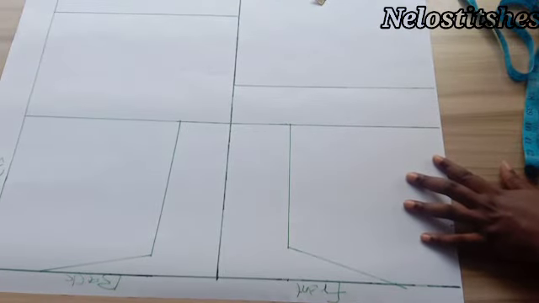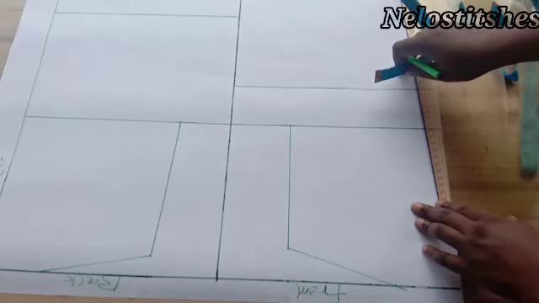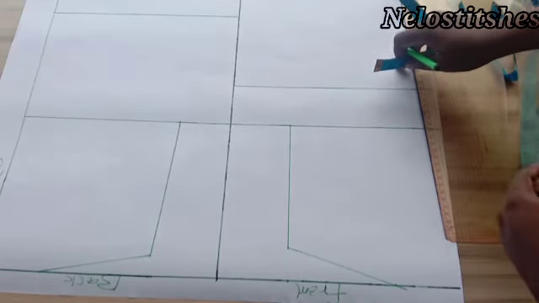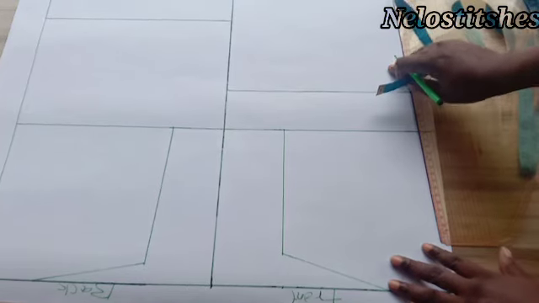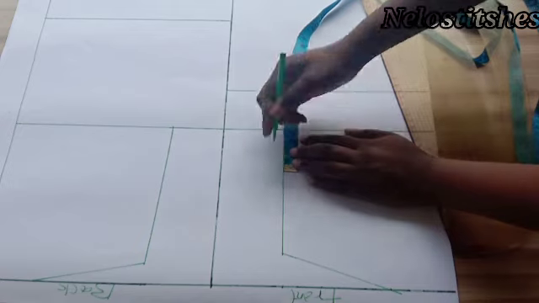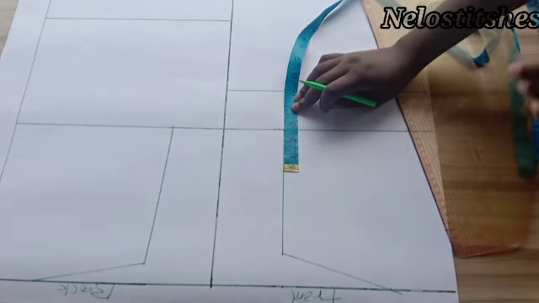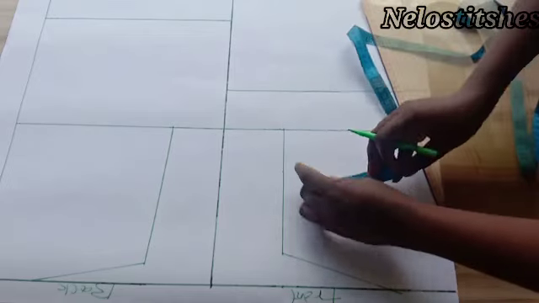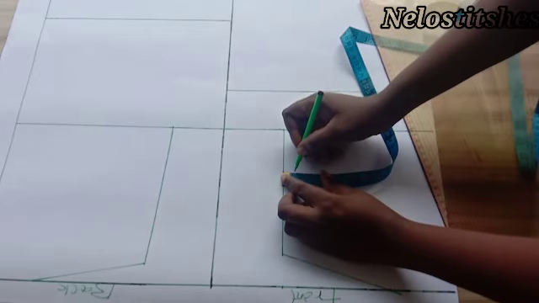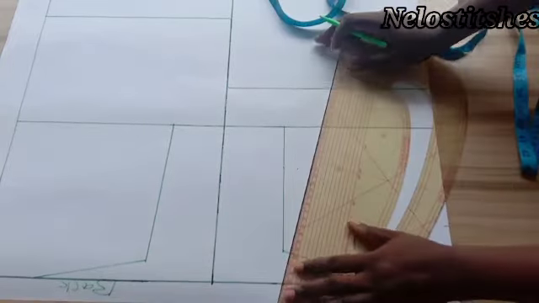So next I'll be covering my armhole. For the front, I will go up by 2.5. You can use 2 inches, 2.5, 3 inches. We will not be dividing the armhole line by 2. I'll be using 2.5 for this, and I'll come in by 0.75, that's three quarters of an inch.